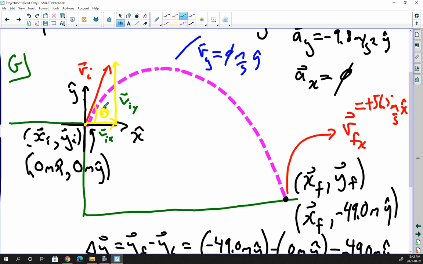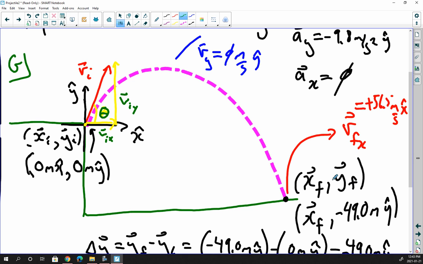I put theta in because I know it's shot at an angle. And then the path will be a parabola. So I draw the parabola. There it is. Now this is shot from a cliff, so it's going to land below it. So there it is. It lands right there. And this will be its final position, X component final of position, Y component final position.